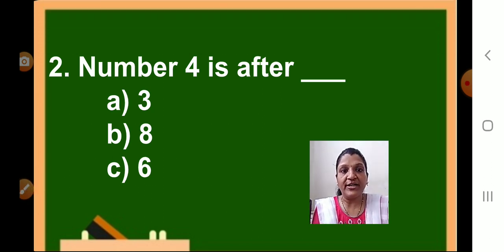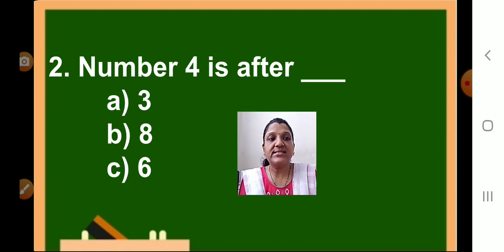Question number 2. Number 4 is after dash. And options are A 3, B 8, C 6. Here, this question is based on the chapter positions. Do you remember we have learned before and after, and we have also learned before numbers and after numbers.